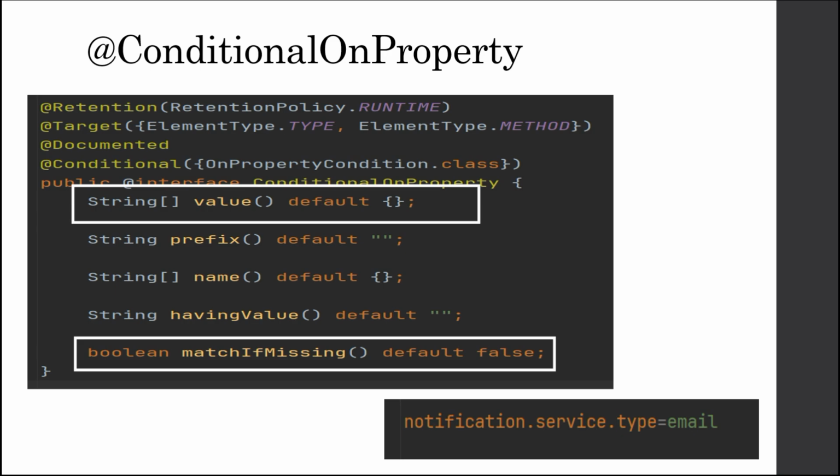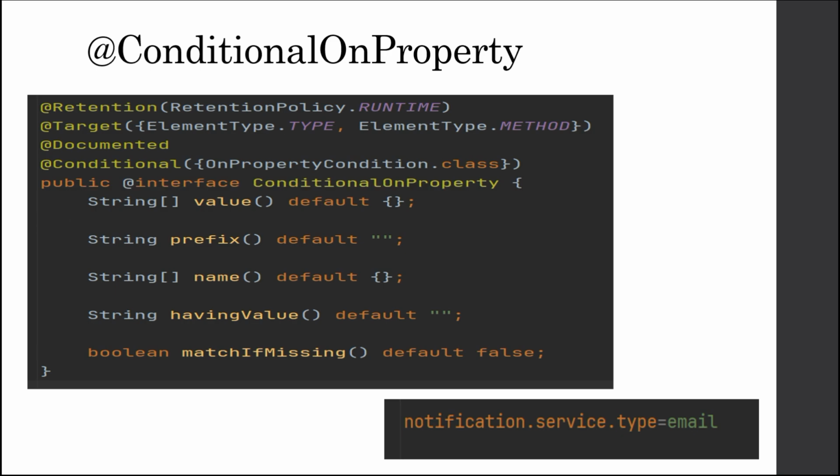later in this video. Till now, we have seen that the property name was broken into two parts. The first part was the prefix part, and the second part was the name of the property. In the application.properties file, if the name of the property is notification.service.type, then we were representing notification.service with prefix, and we were representing type as the name of the property.